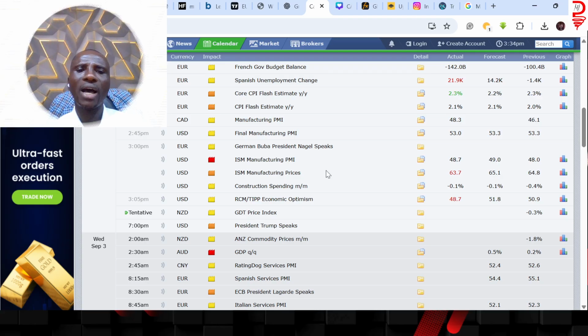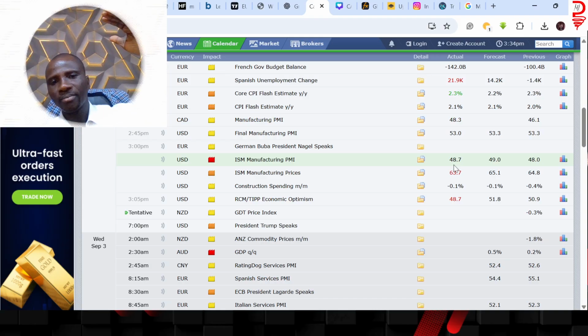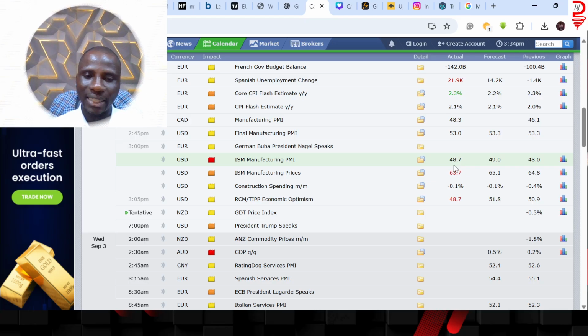In this case, we have the manufacturing industry, and the interpretation of the index is that if the index is above 50, the manufacturing sector is expanding. And if it's below 50, it means the manufacturing industry is contracting.